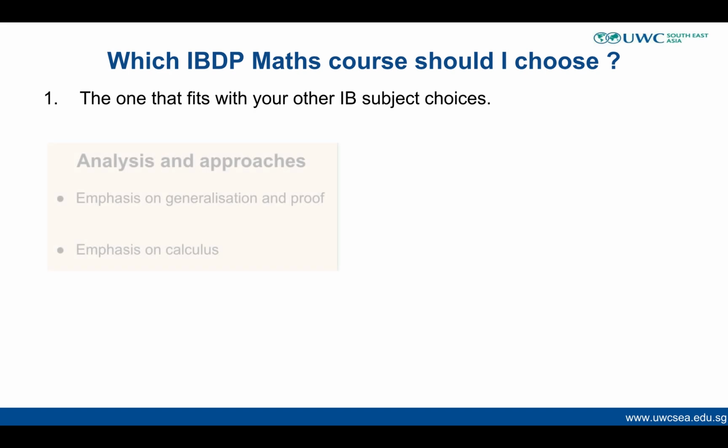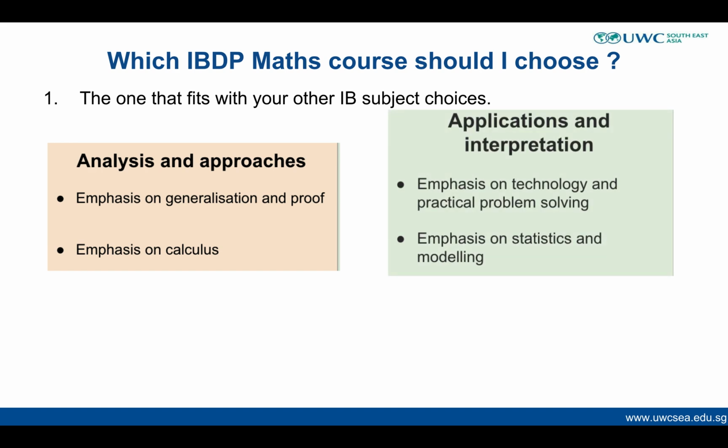So if we drill into that first point, which of these 2 particular mathematics might we choose? Well, we're just trying to map out what analysis and approaches might best complement. And given the descriptions from the IB and their advice, then possibly those 3 subjects might be a nice fit for analysis and approaches.